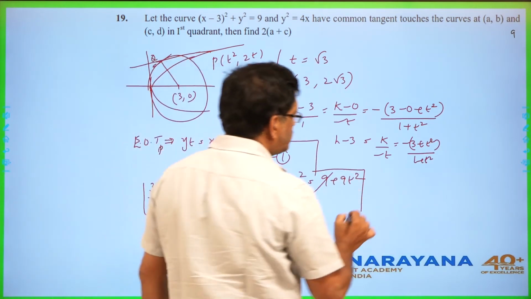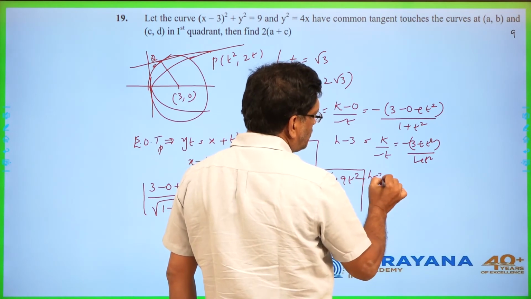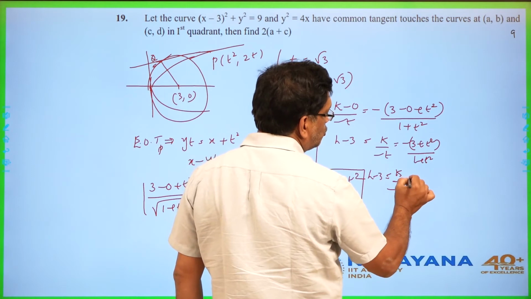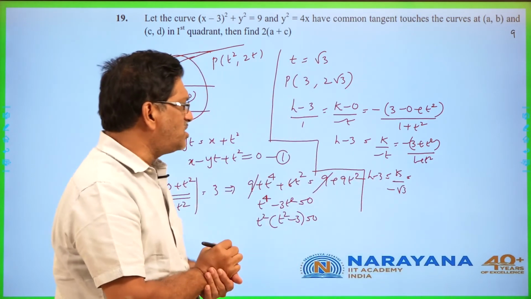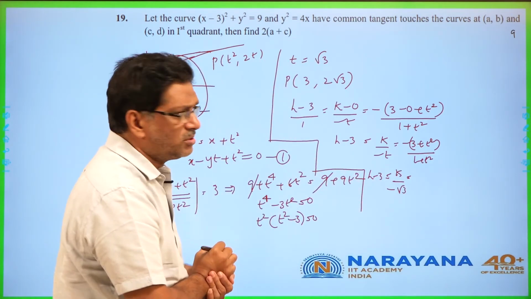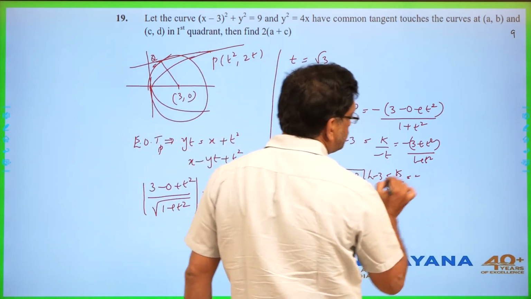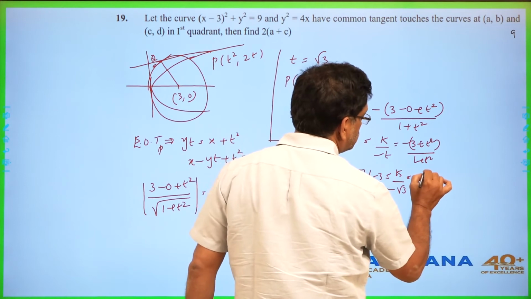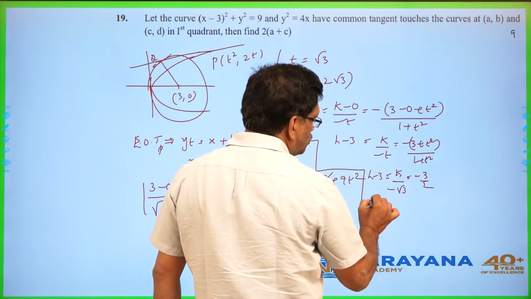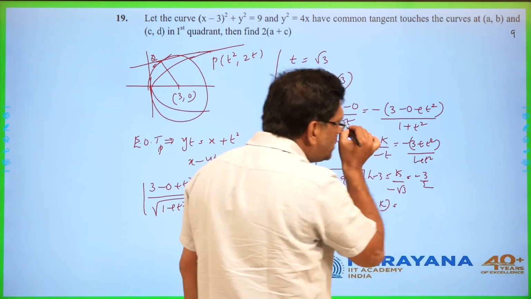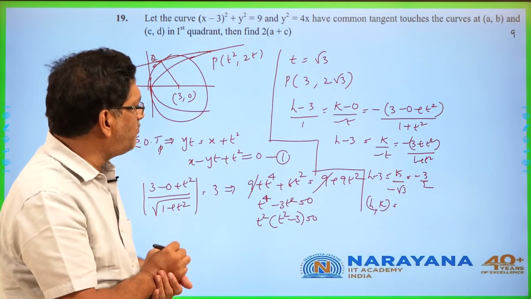Thereby, h minus 3, k by minus root 3, and 3 plus 3, 6 by 4, 3 by 2, minus 3 by 2. So h comma k, just simply substitute it and you will get the value.